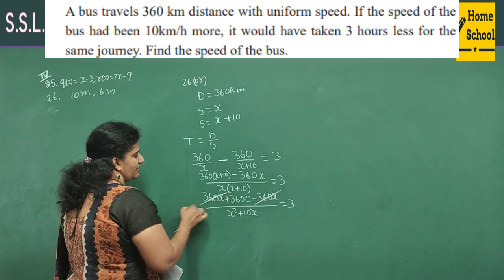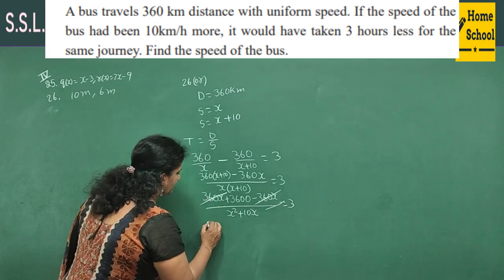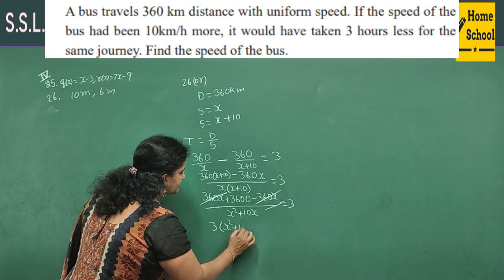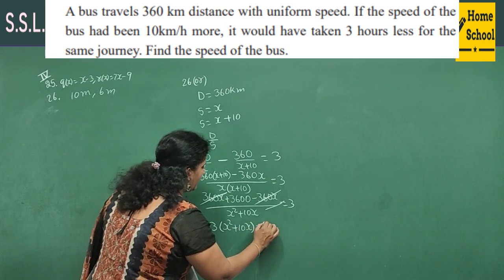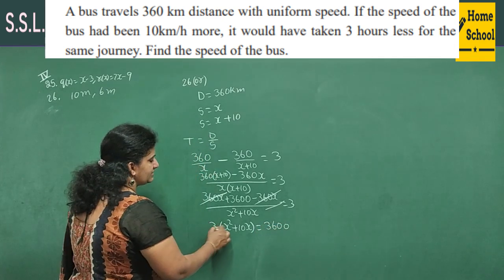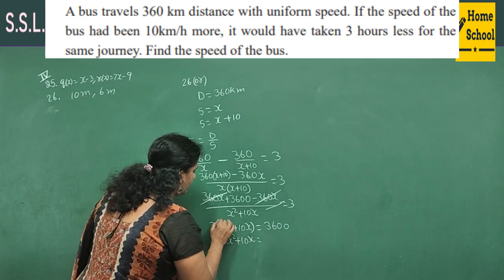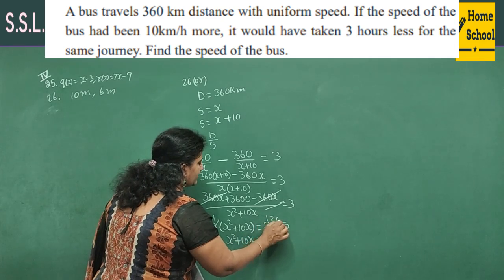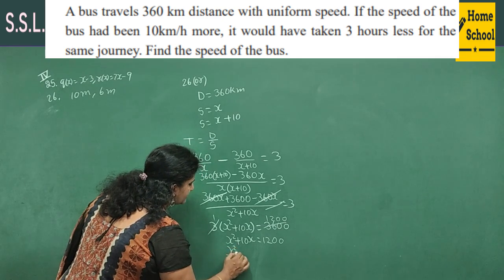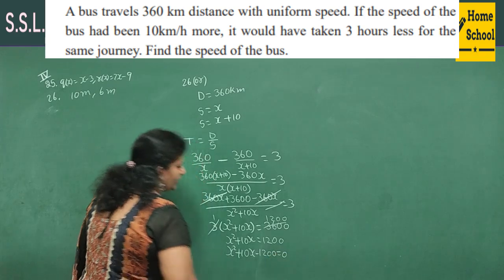Minus 360x plus 360x cancel. Now cross multiply, that is 3 into x square plus 10x is equal to 3600. This 3 send other side, or directly you can cancel, 3 ones are 3, 1200s is equal to 1200. 1200 bring this side, x square plus 10x minus 1200 equal to 0.